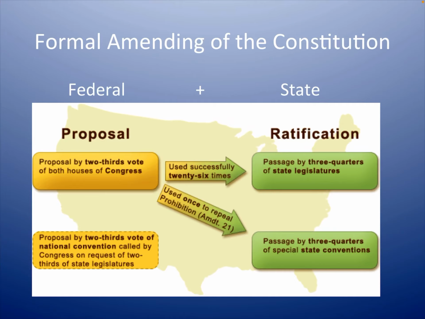If 3/4 of the state legislatures agree, then an amendment to the Constitution is formally passed. You can go through a process where you call another convention. It's really just been done once in American history, but that's also an option. But traditionally, you get 2/3 of both houses of Congress to approve the change, and then 3/4 of state legislatures to do that.